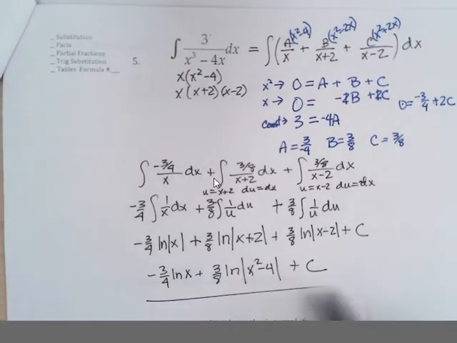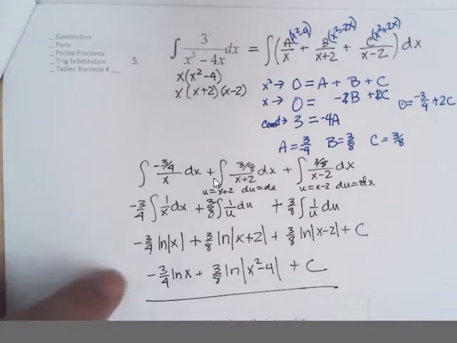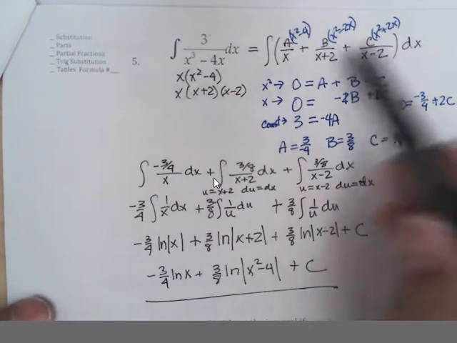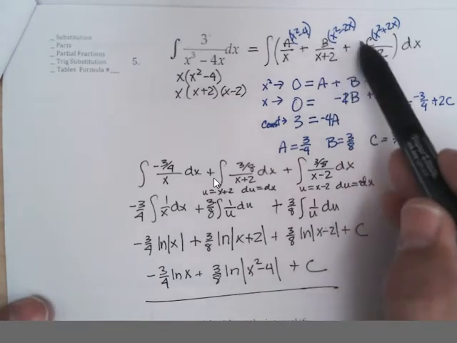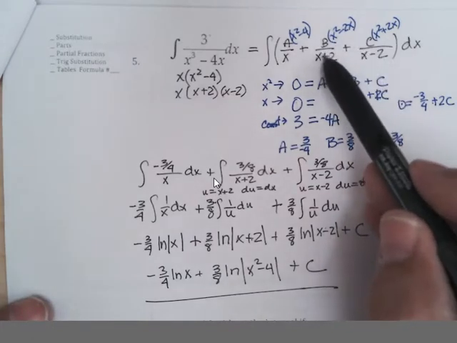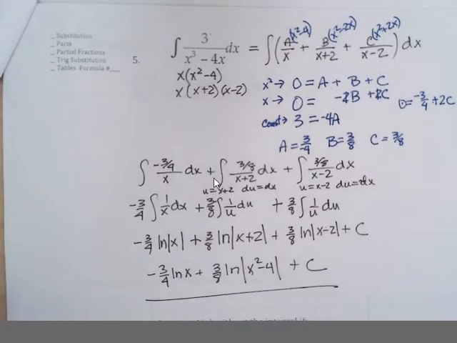So this is another valid answer, which is what you can get if you were to put bx plus c over x squared plus or minus 4. You get something that looks more like this.